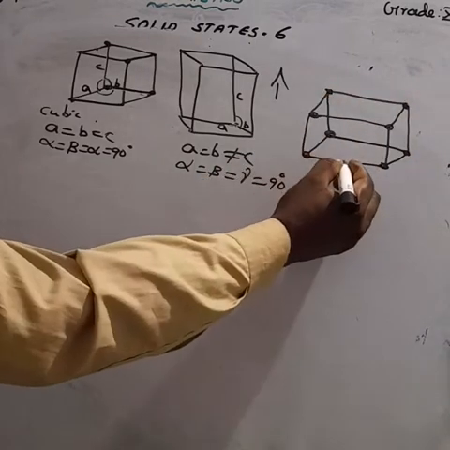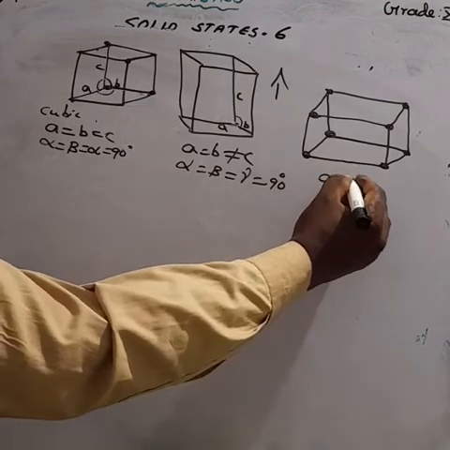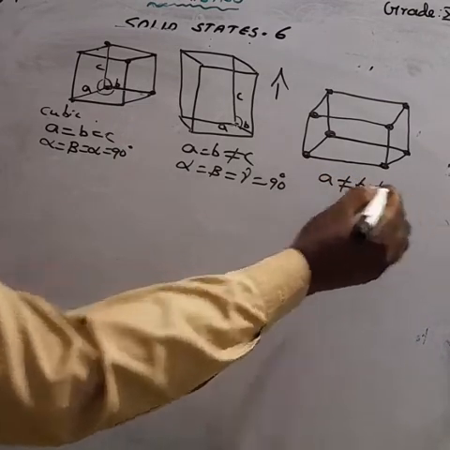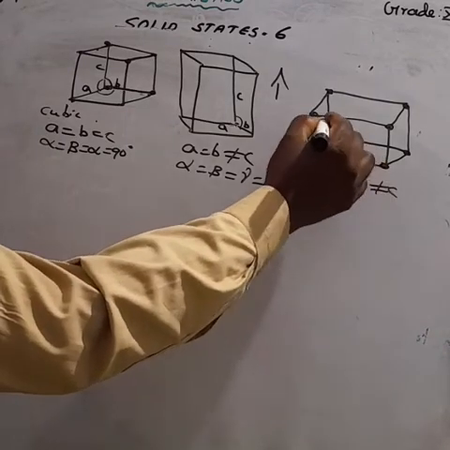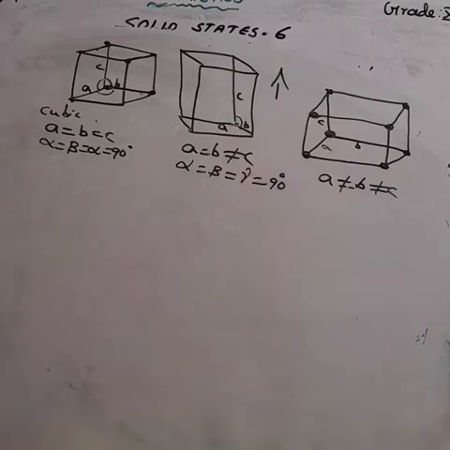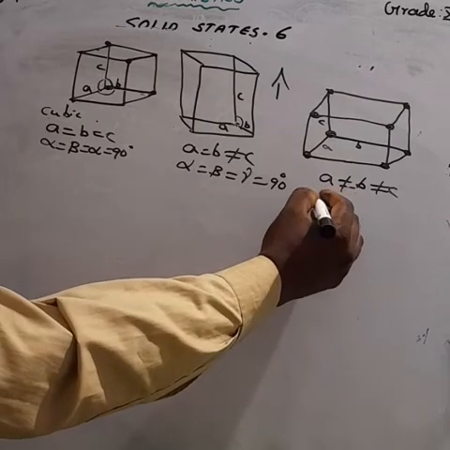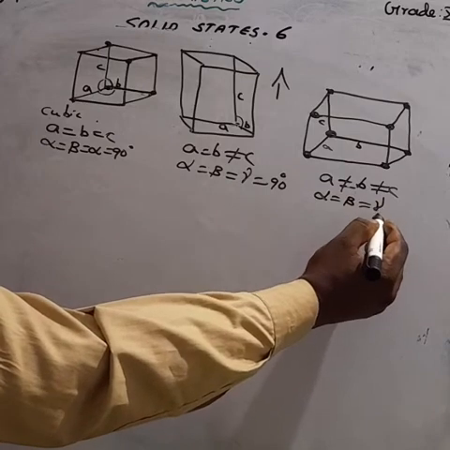Here a is not equal to b. b is not equal to c. Can you understand? In the angles, alpha is equal to beta, beta is equal to gamma, that is equal to 90 degrees.